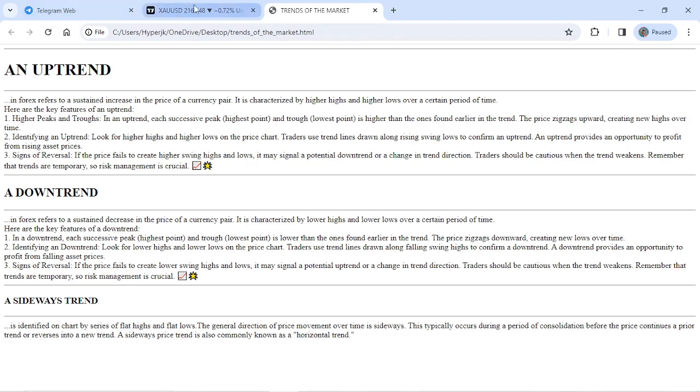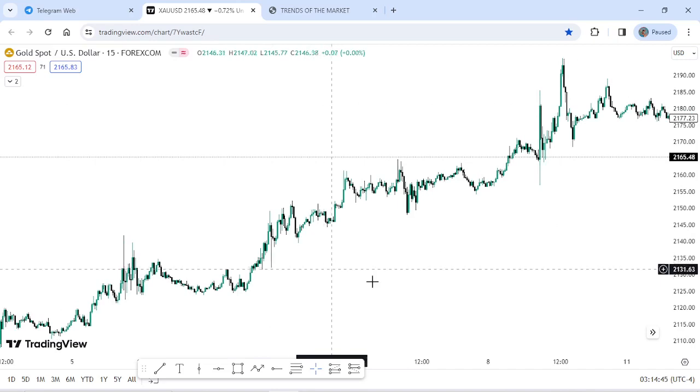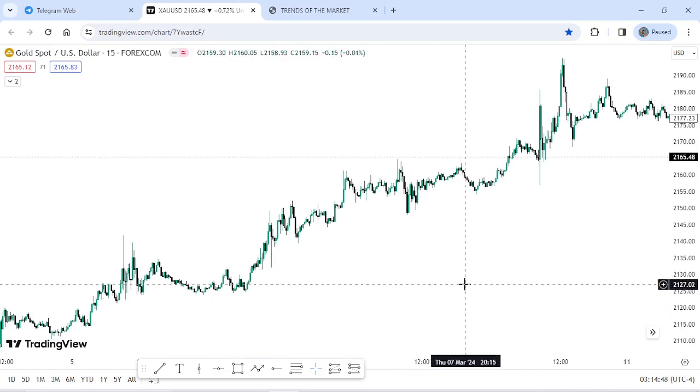All right, so this is gold price action on the 15 minutes chart, and obviously it is in an uptrend. As you can see, the price is trending higher. How do you know?